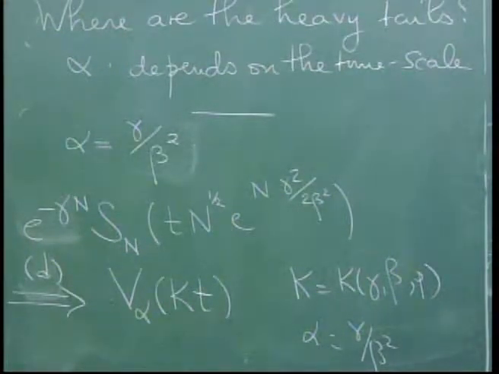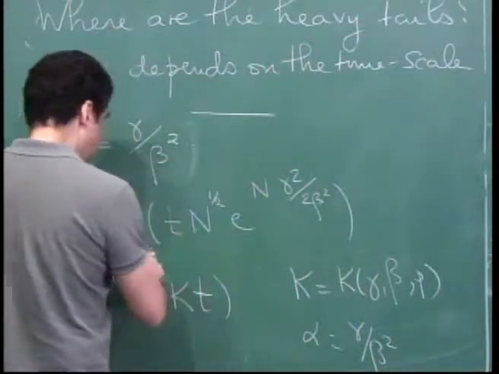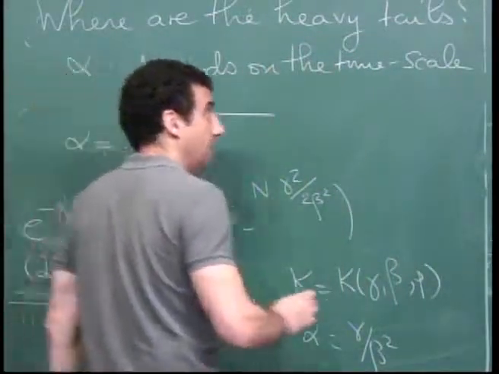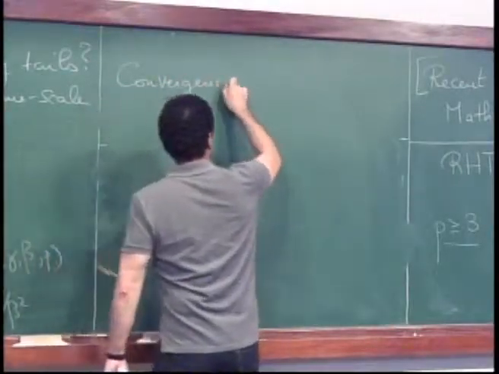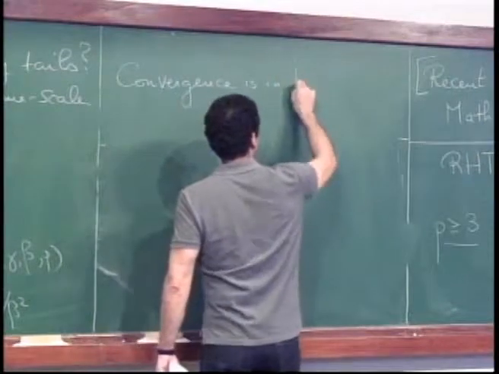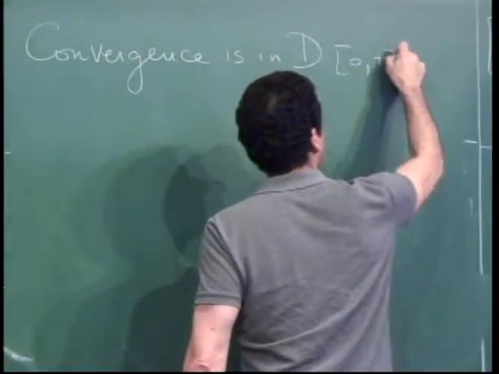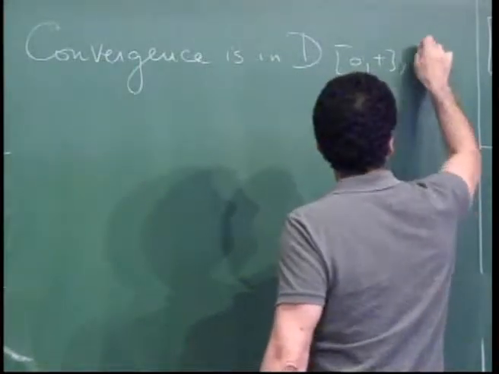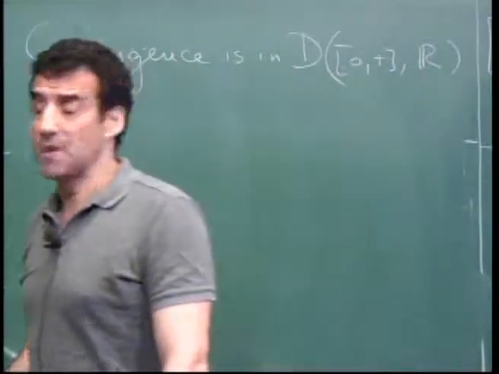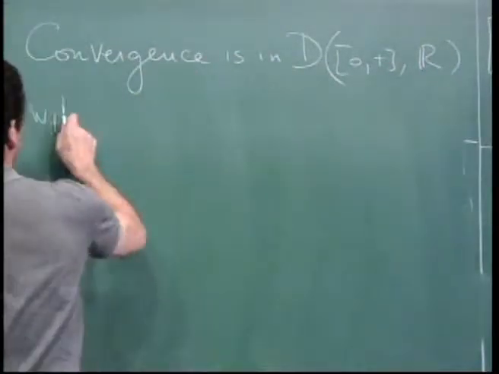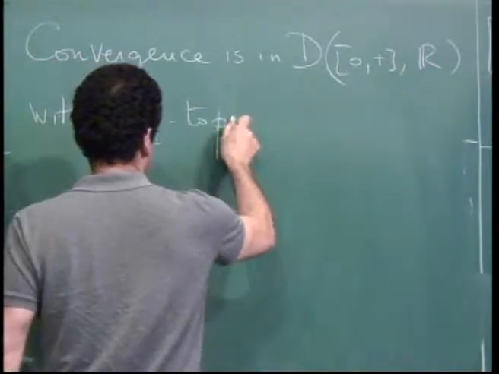So the definition of convergence here: this is a process, so I can look at it as a process in t. So the convergence is in the space D of 0, T with values in R plus. So the space of càdlàg functions, and it's with respect to what is called the M1 topology. I don't want to spend too much time on this.